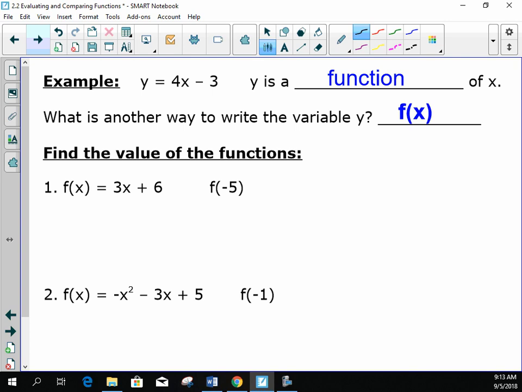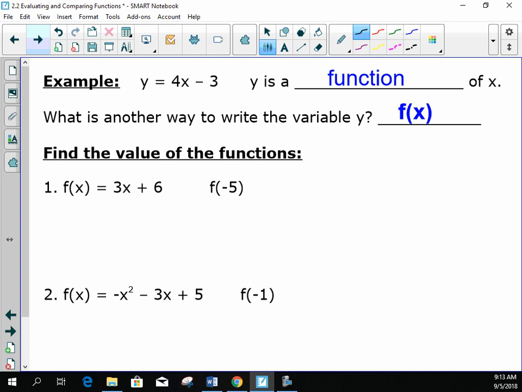Then you come down here and now you see f of negative 5. Well, this is f of x, so it only makes sense that that is your x value, okay? That's what they're saying.